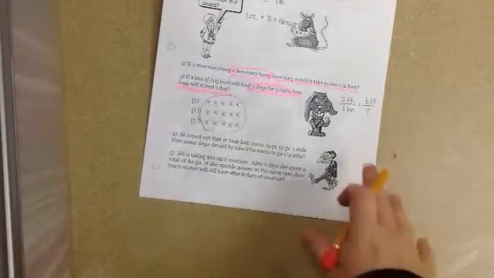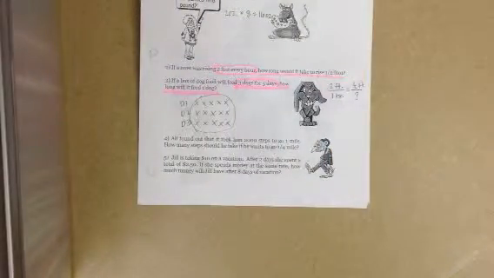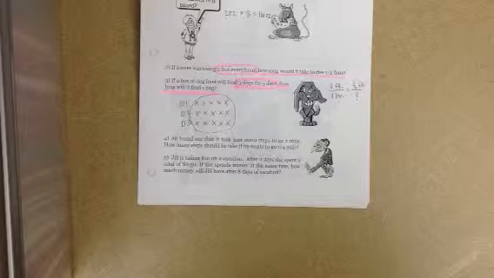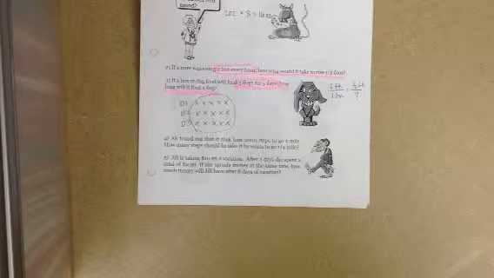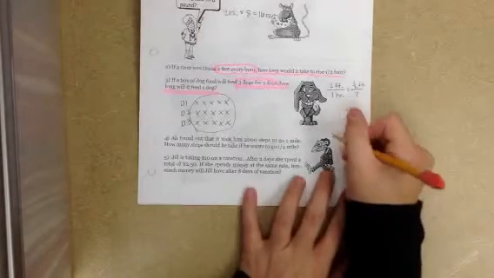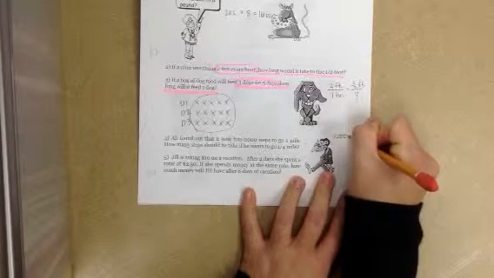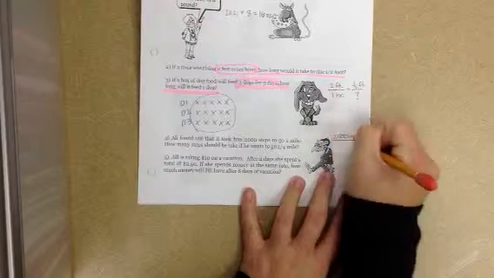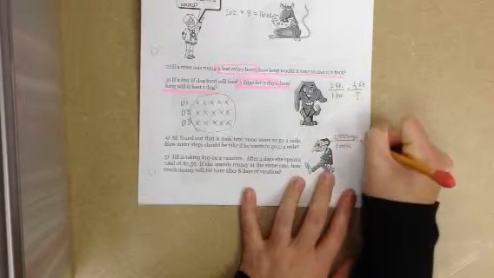Number 4. Allie found out, or actually I think it's Ali, Ali found out that it took him 2,000 steps to go 1 mile. How many steps should he take if he wants to go a 4th mile? So 2,000 steps for 1 mile.